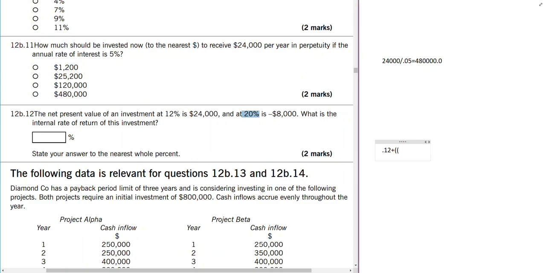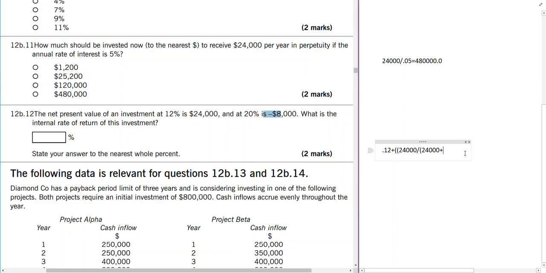So we have a lower discount rate, which is 0.12. Add the NPV of the lower discount rate, which is 24,000, divided by the NPV of the lower discount rate minus 8,000. Minus into minus equals plus. Remember, if you calculate two figures and this one becomes positive, then you have to minus it. You only plus this when this figure is minus. Or if both of the calculations give you negative, then you take this figure as negative.